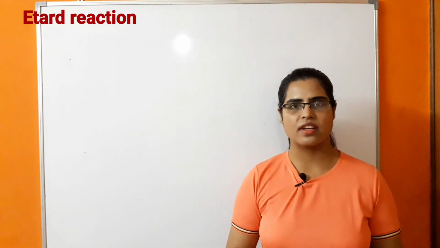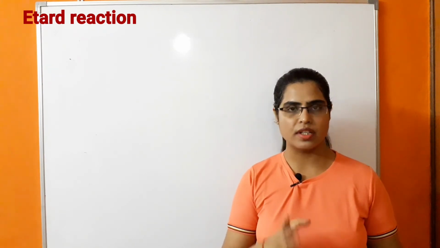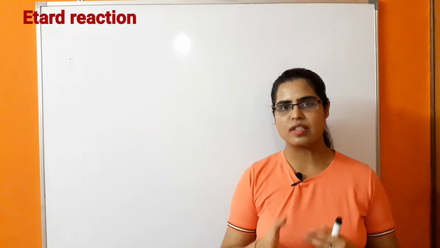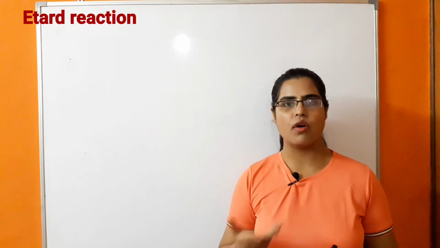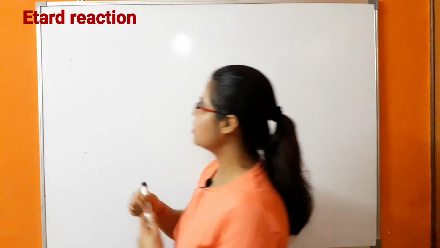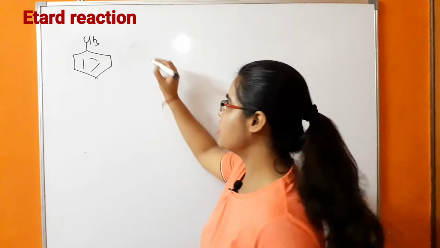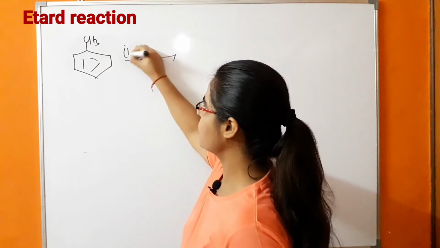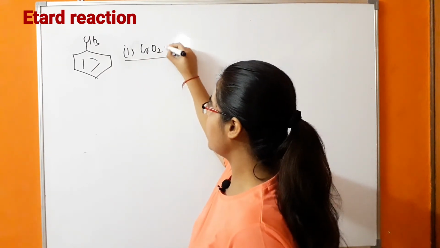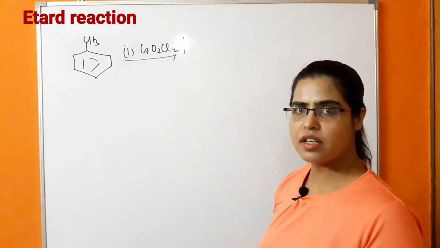Next oxidation reaction in benzene is the Etard reaction. This is a named reaction, so it is important. This reaction takes place in the presence of a mild oxidizing agent, that is chromyl chloride. So toluene will react first with the mild oxidizing agent chromyl chloride, CrO2Cl2, in the presence of an inert solvent.